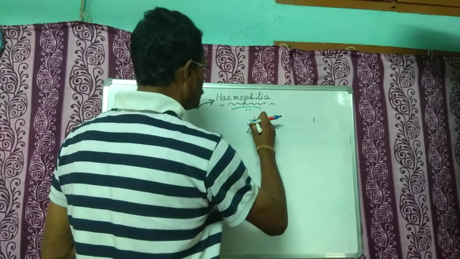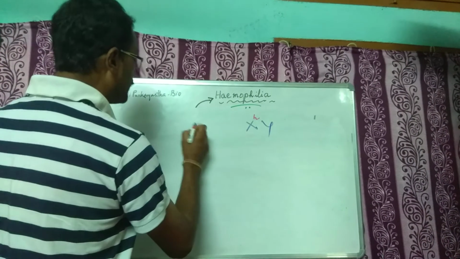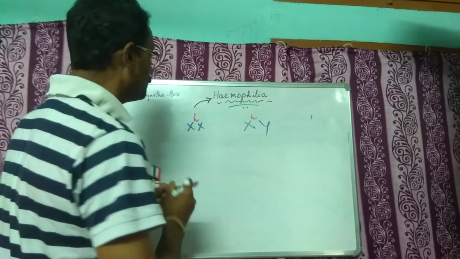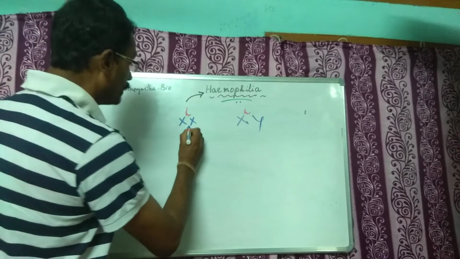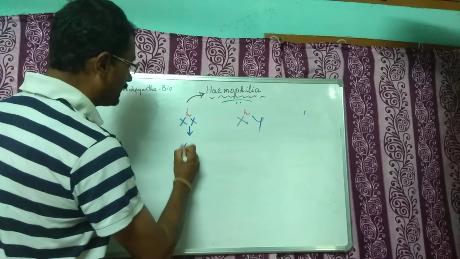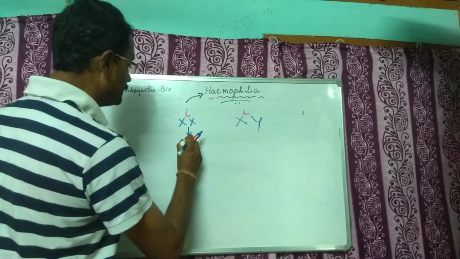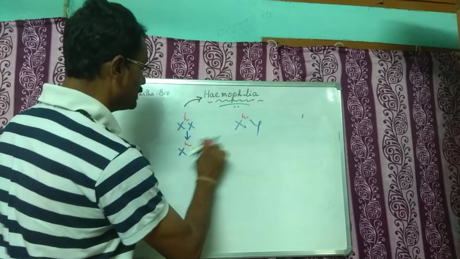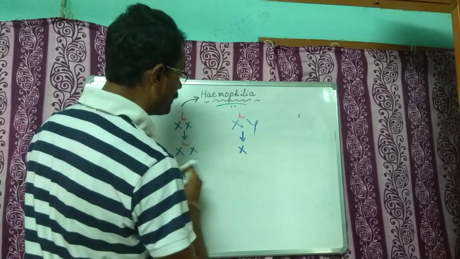The male. Mary is a carrier woman. The carrier woman has one H. Gametes will be of two types. This is one gamete, and here you are finding the other gamete.